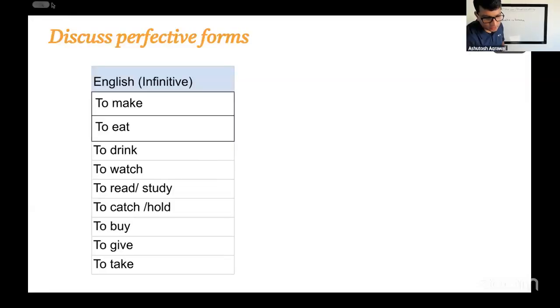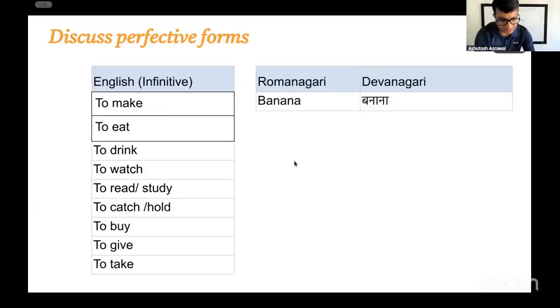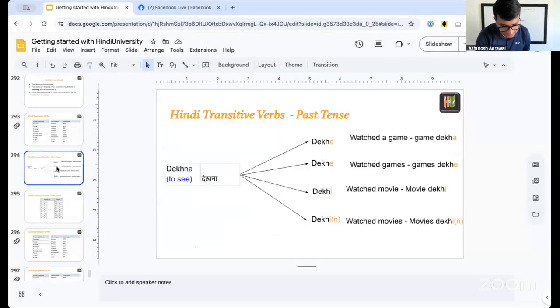So let's go back to the previous slide. You want to change the word banana just like these. We have from dekhna to dekha, dekhe, dekhi and dekhin. What would it be?